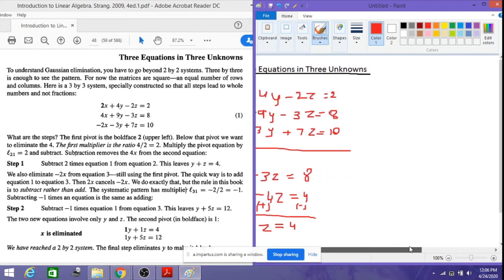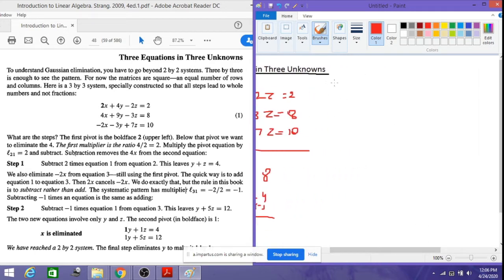Now let us write all these here on the left side. So now we got it in this form: 2x plus 4y minus 2z equal to 2.